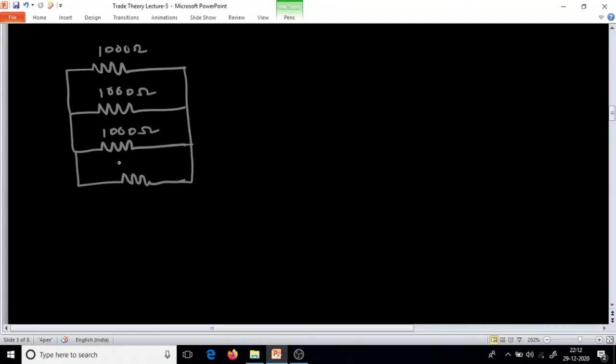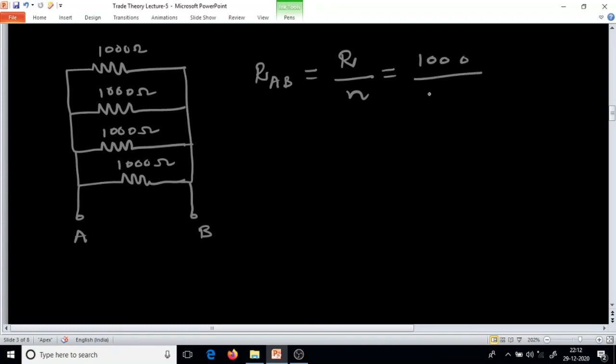Let us call the two end points A and B. What is the resistance across A and B? RT across AB equals R divided by N, where N is the number of resistors. R is 1000 ohms and N is 4. 1000 divided by 4 gives 250 ohms. We get 250 ohms.